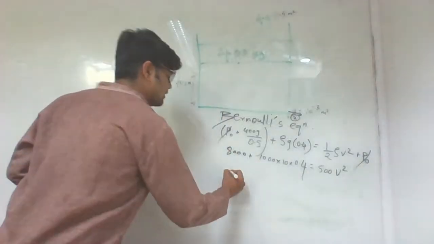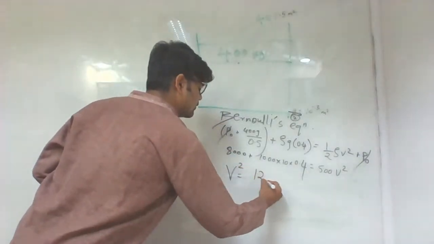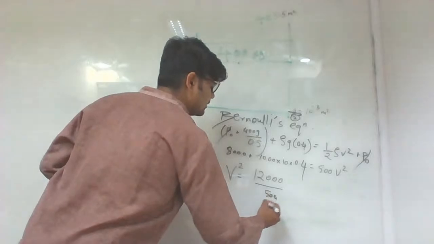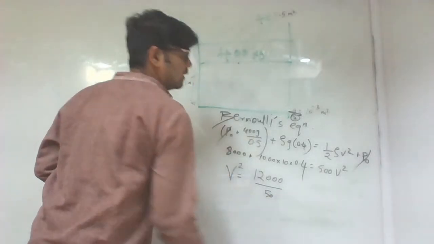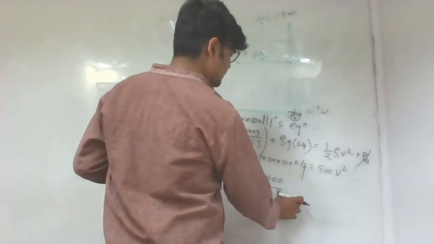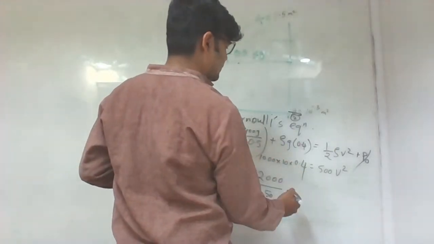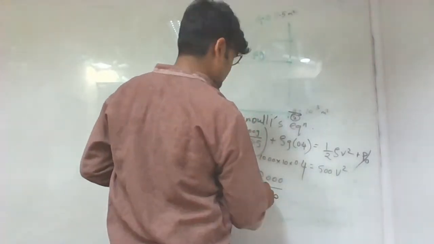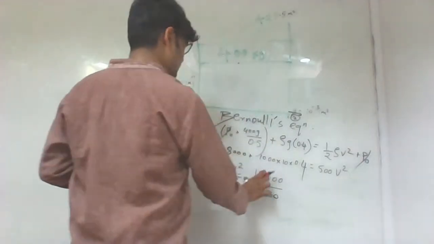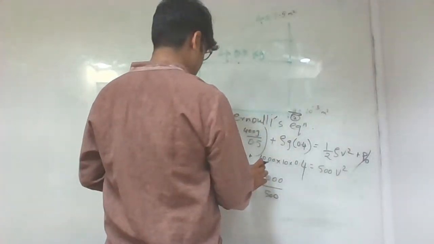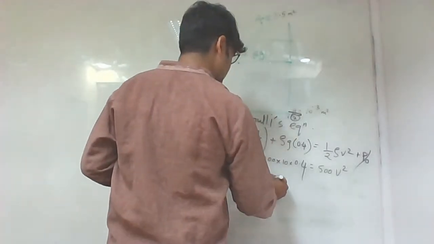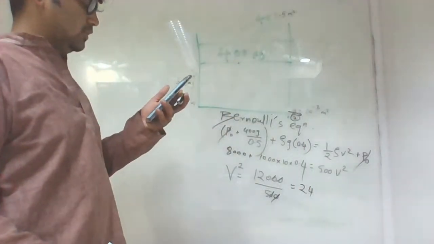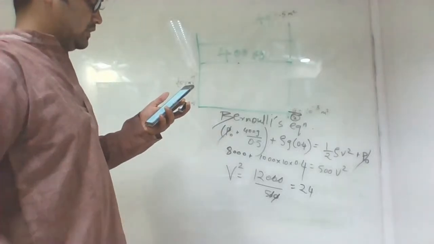So you can see quite evidently v square is equal to 12,000 by 500, over 3 over 4, over 24. Square of velocity is 24. Okay.